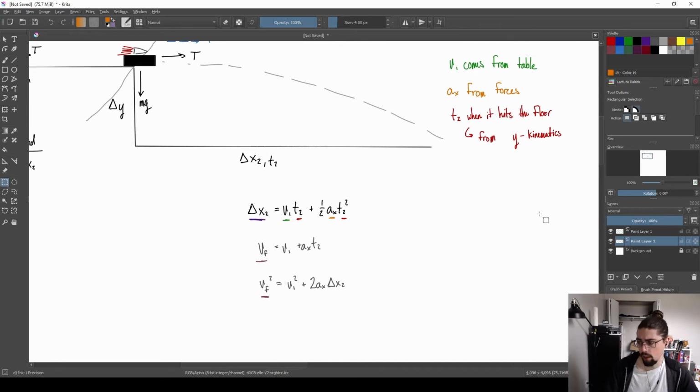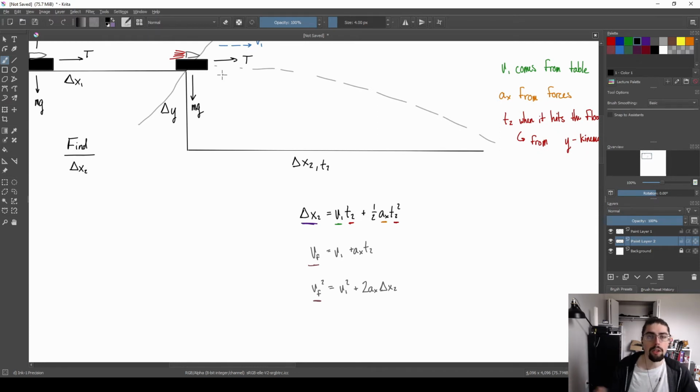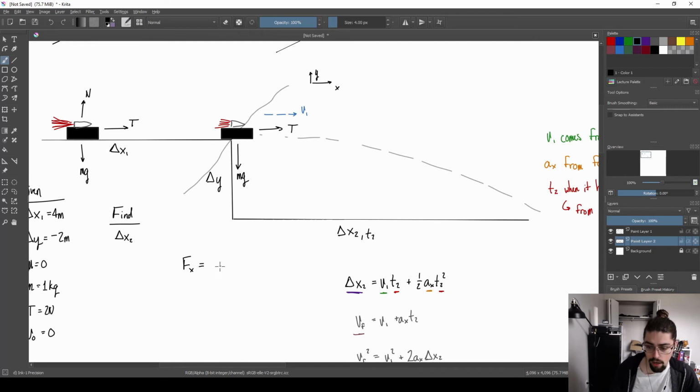So I look at my forces and I would say, okay, well, I know that the acceleration in the x direction is going to be, and remember, we're looking at once we're off the table here, but this is true for the entire thing, actually. The acceleration in the x direction should be coming from whatever net force I have in the x direction. So let me say F of x, the net force in the x direction, is, well, I look at everything in the x direction, it's T, is equal to m times the acceleration in the x direction.